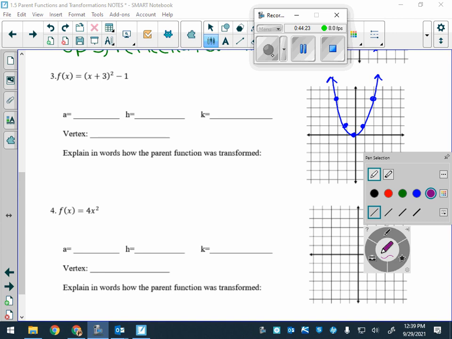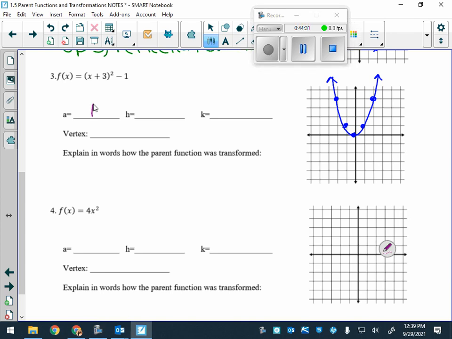Okay, for the third one, what is my a value? Grace. Good. What's my h? Mustafa. Careful. Okay, Lily. -3.